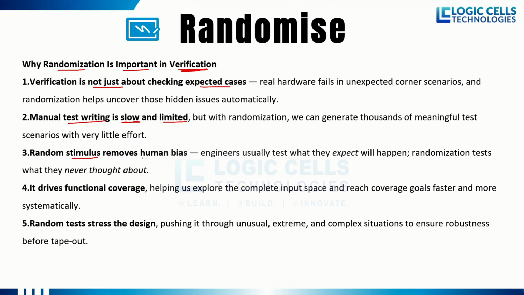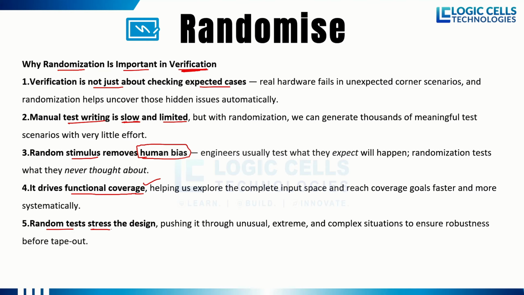Random stimulus removes human bias. This is very important. Simply if you provide 4 plus 2, that is a biased value. It will only check for 4 and 2. Then functional coverage can be obtained by providing more random values to cover most of the design. Functional coverage will be good if you use randomization.